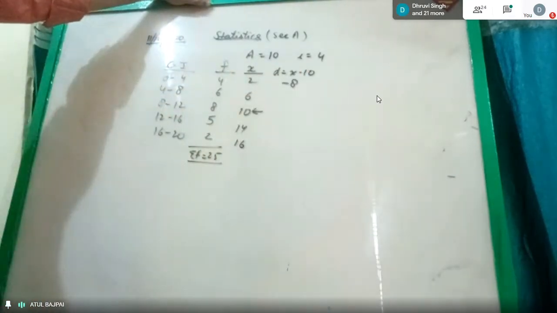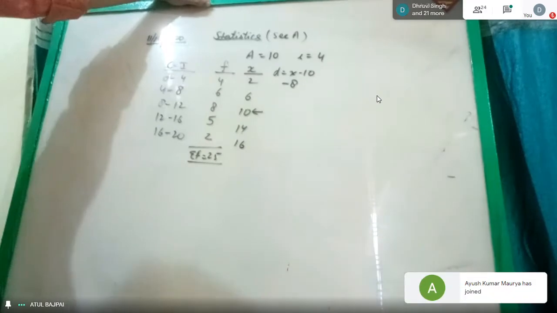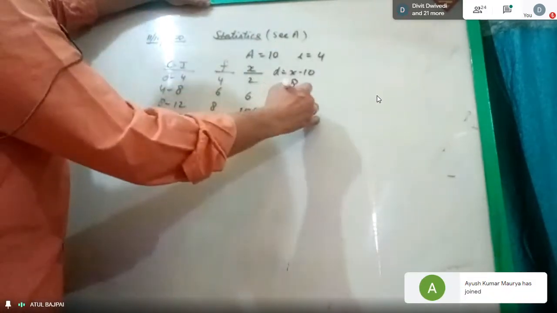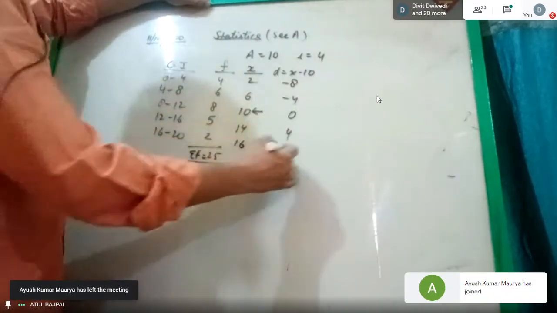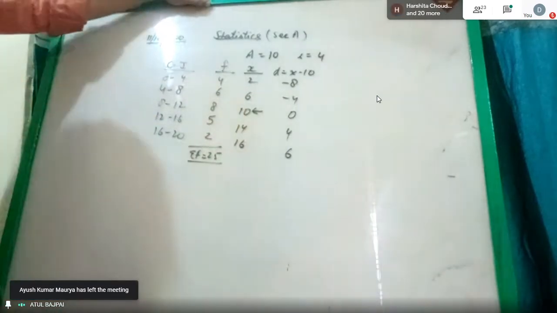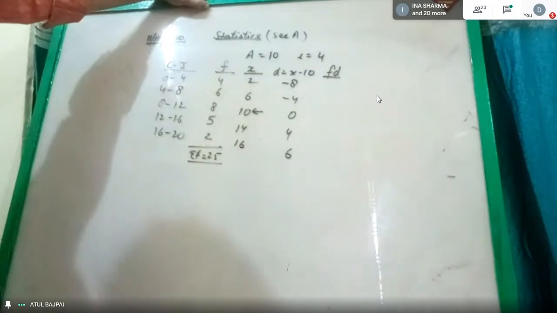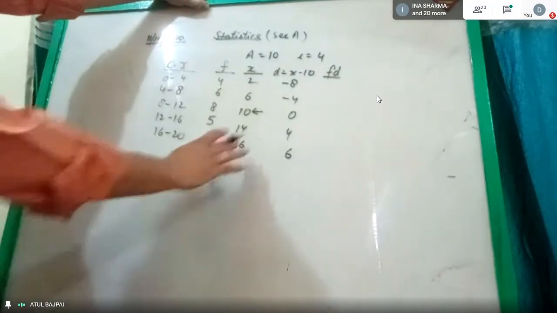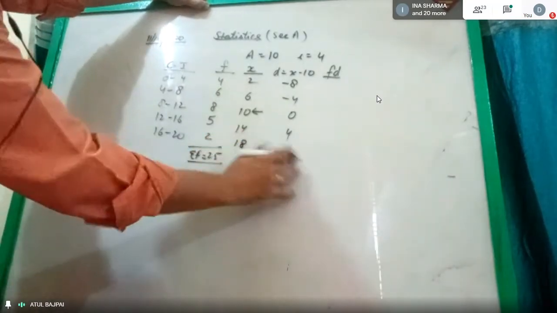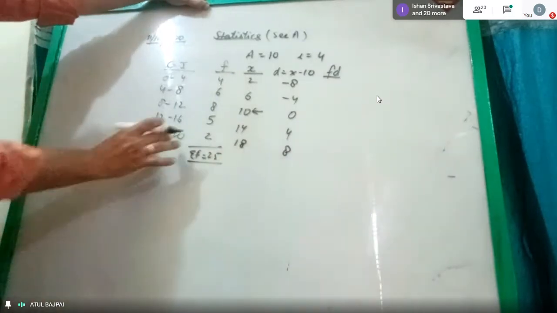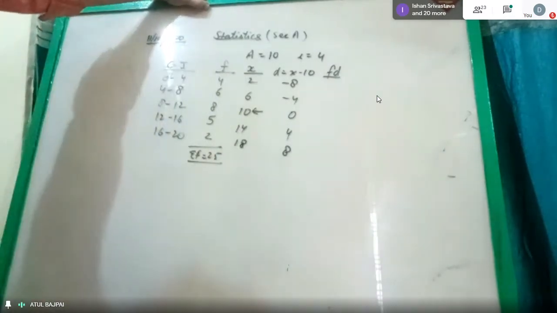Minus 8, not mod. 6 minus 10 is minus 4, then 0, 4, and 8. The last x value is 18, not 16, so d becomes 8. Clear about this?